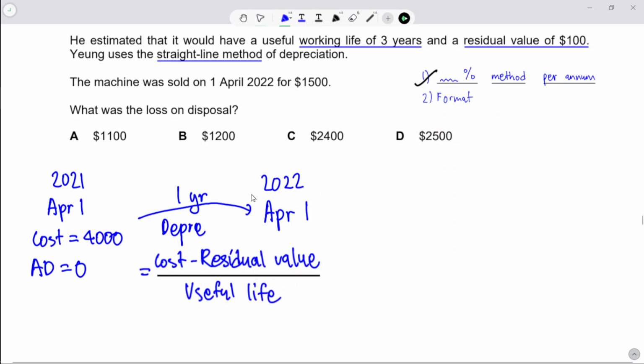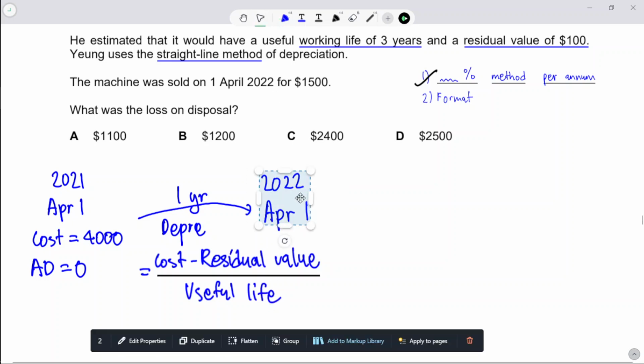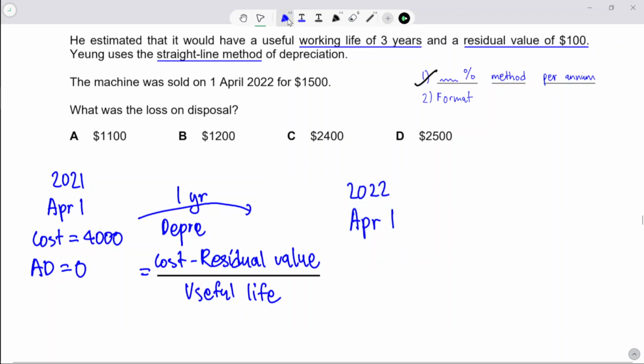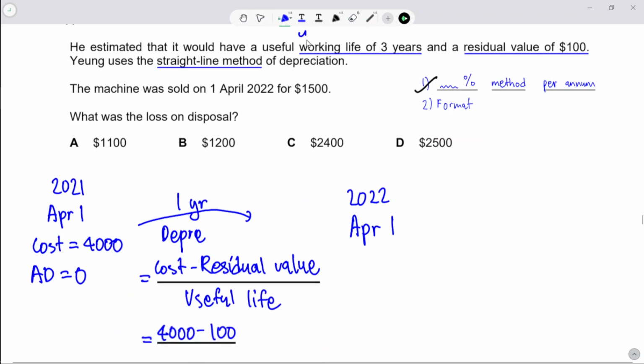Okay, let me kind of move this. Oops. So this one residual value is 100. Okay, working life also known as useful life.